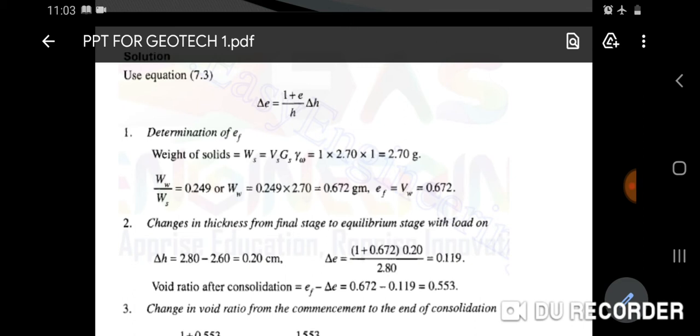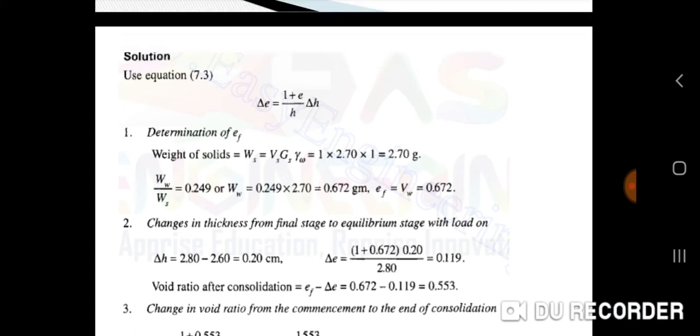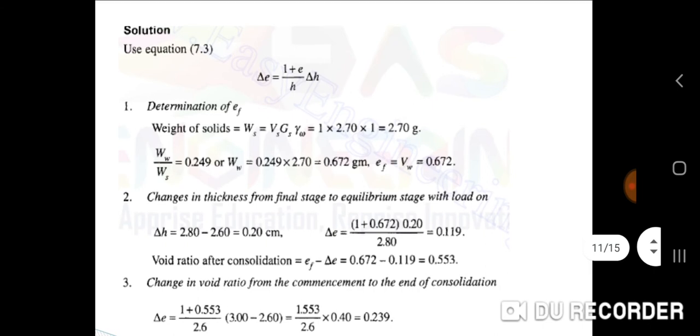Once you calculate it, you will get the value as 0.672 grams. So the weight of water is 0.672 grams. Now we can consider the initial void ratio e_f, which is equal to the volume of water, which is 0.672.